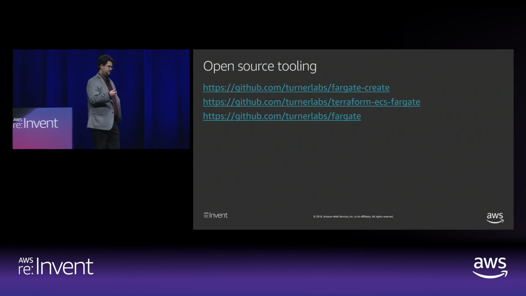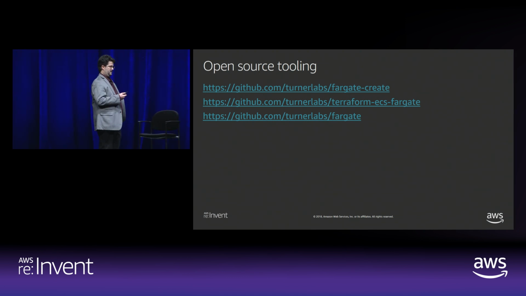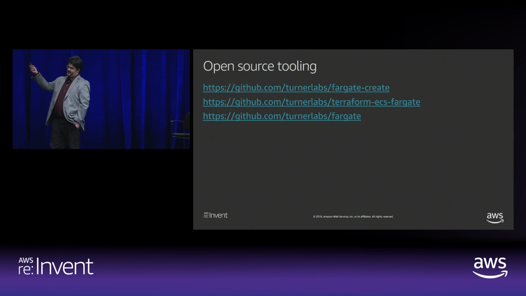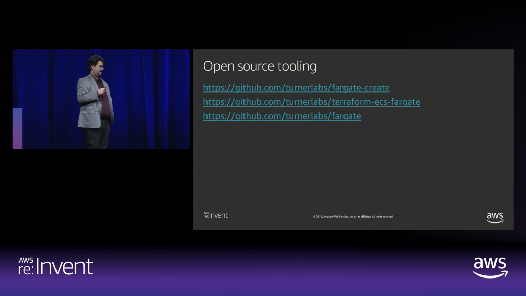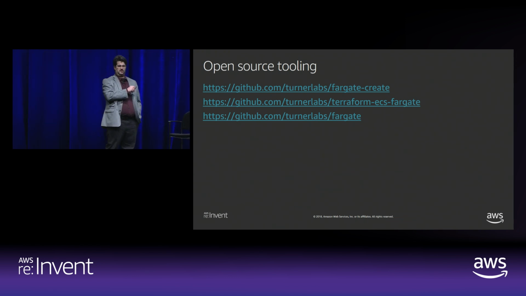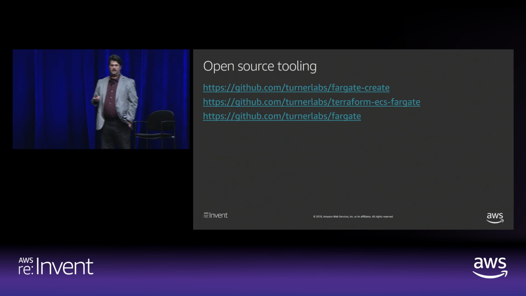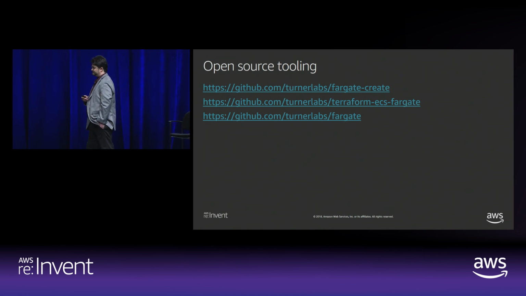All of the things that I just showed you are open sourced and available on GitHub. Please feel free to take this stuff for a spin and let us know what you think about them. The Fargate Create repo or CLI is the tool that I just showed you that scaffolded an entire stack for that compute cluster.